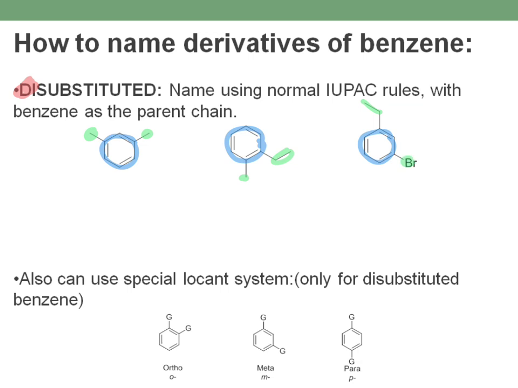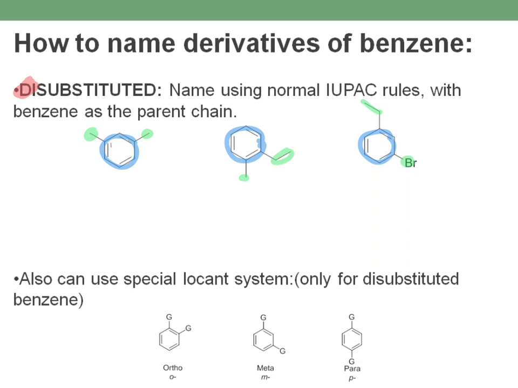Your numbering rules are going to, again, be the same as what you learned in all of your other nomenclature stuff, right? So you're going to try to have the highest priority group have the lowest number. In this case, you only have halogens and alkyl groups, so none of them really have priority. And so then you're going to go for the lowest number possible.